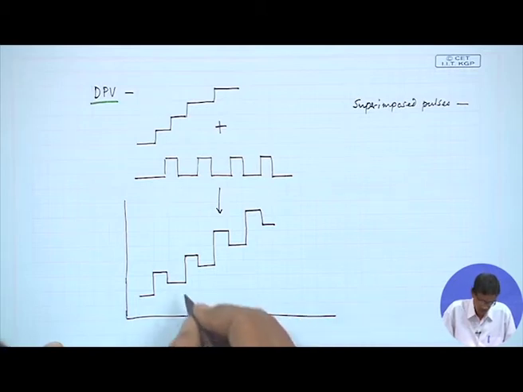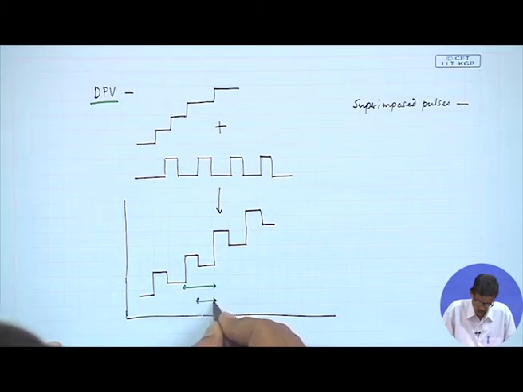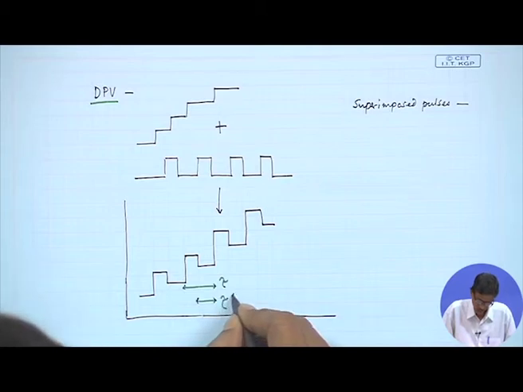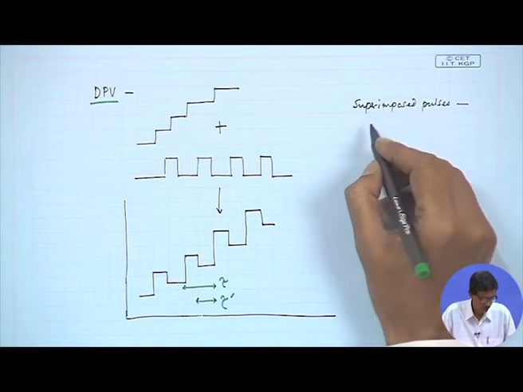So, from here, what are those tau and tau prime values? One will be your tau and another will be your tau prime. So, we get these superimposed pulses.